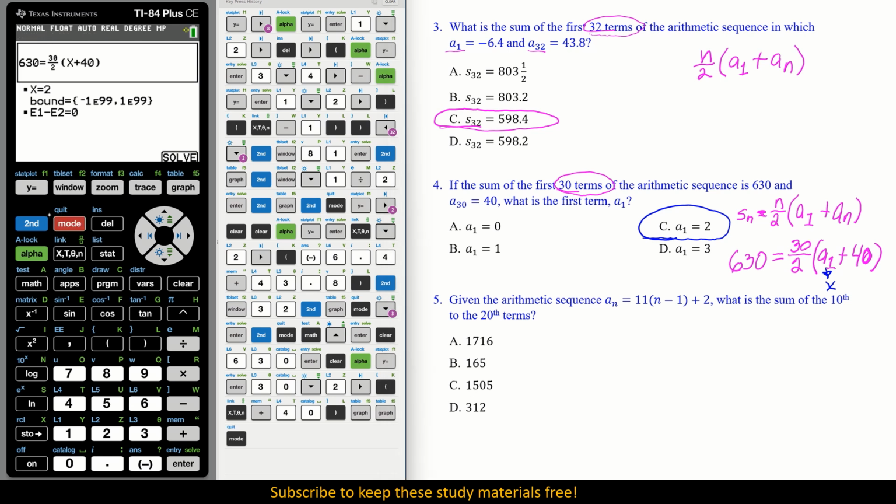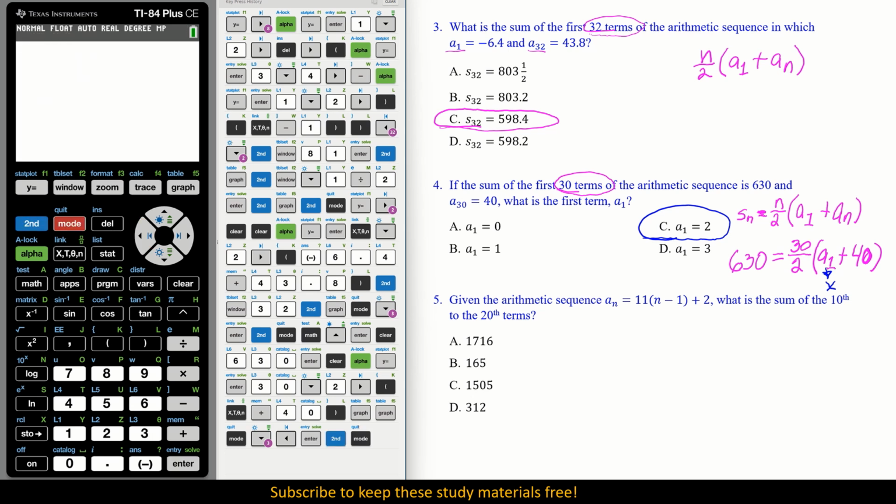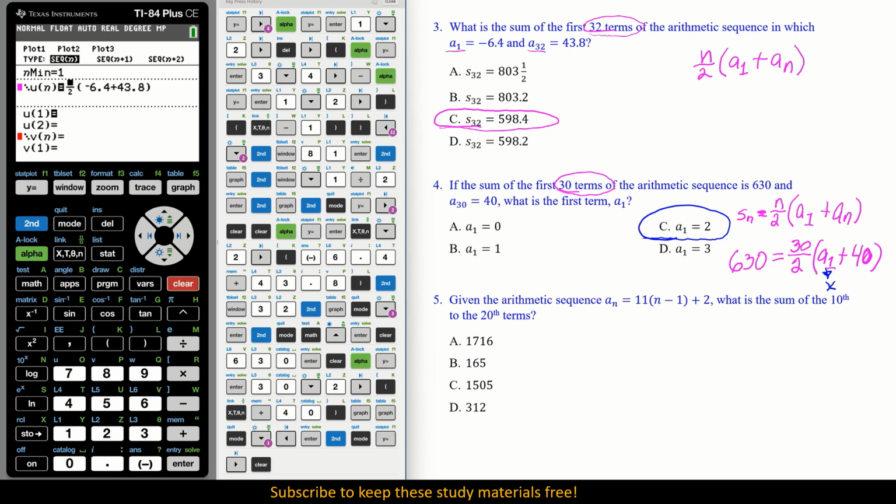All right, let's go to mode, go down to function, arrow to the left, highlight, go second, and mode. There we go. Now what we're going to want to do is populate this and push the y equals, and we're in that mode. I'm going to go over and clear it all out.